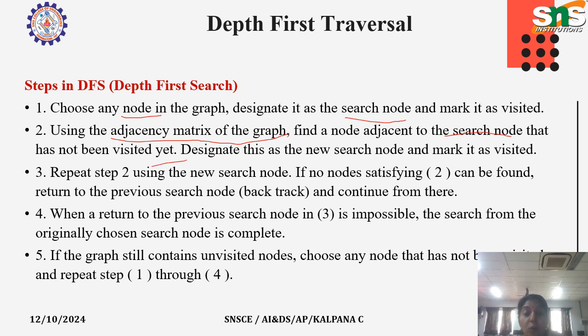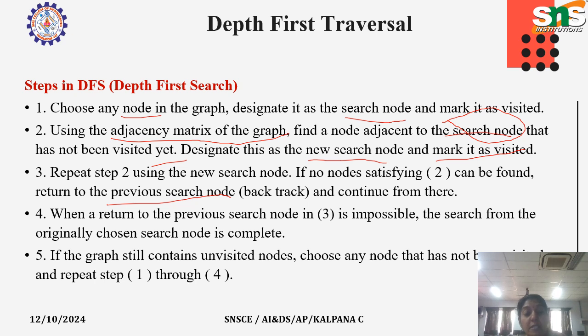Here we are going to find only one node adjacent to the vertex that we have chosen. Designate this as the new search node and mark it as visited. Repeat step 2 using the new search node. If no node satisfying step 2 can be found, return to the previous search node. This is backtracking. Continue from there.